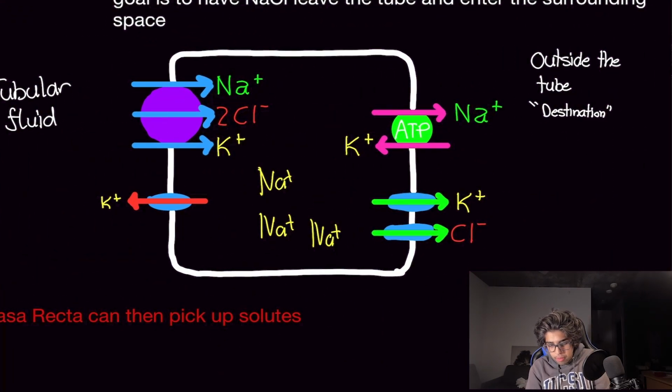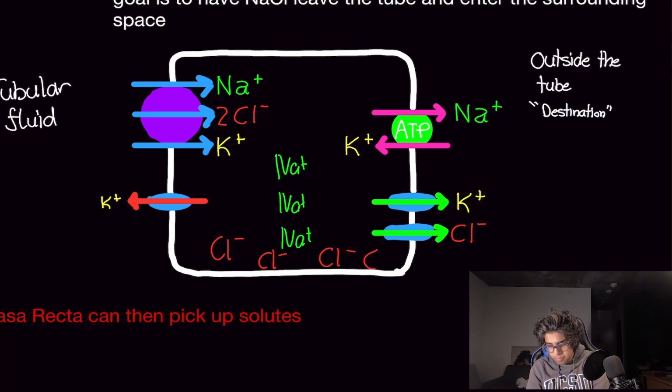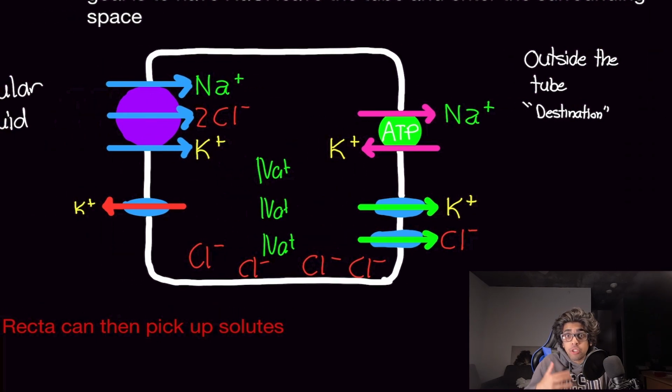Now we also have a lot of chloride inside, because I should have made that green, sorry. Let me put this as green so it doesn't confuse you. So we have a lot of sodium here. Now we also have a lot of chloride inside now, right? We have a lot of chloride, because we transported it in with the symport. Chloride is going to naturally want to join sodium.